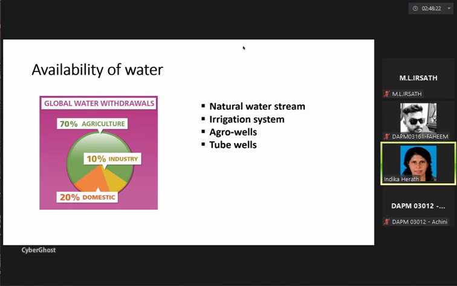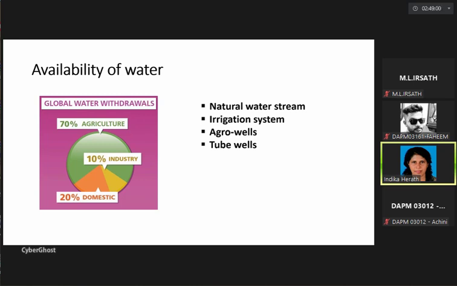So here what we want to look at is where this water is coming from. Sometimes this water is from groundwater. I think you all know what an agro-well is. An agro-well is a well that is generally larger compared to drinking water wells and used for irrigation of crops.